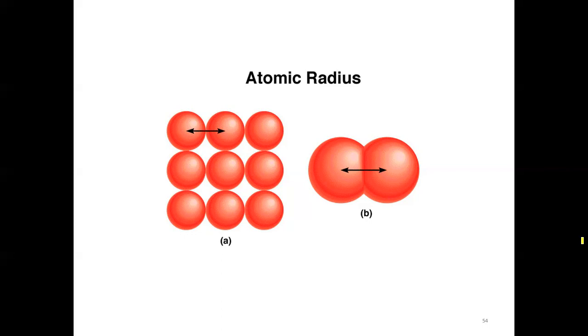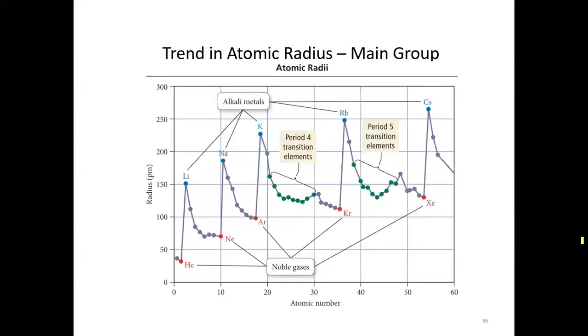Okay, so let's say that I had a way of measuring the sizes of different kinds of atoms of different elements, and I'm going to plot that radius in picometers against the atomic number. And I would get a pattern that looks like this. At first it might be daunting, but what you notice first of all is that there is a trend of spikes followed by downward trends.